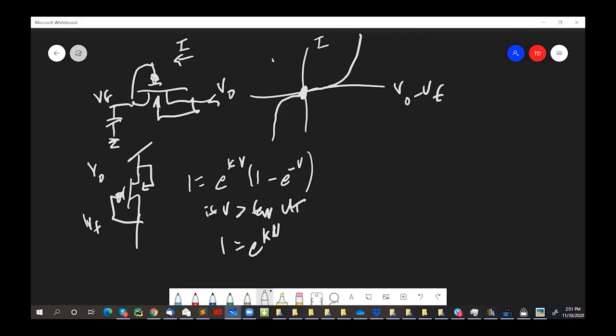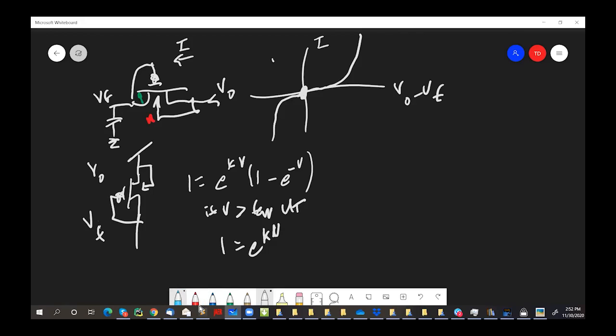So that's when VO is bigger than VF. But now when VF is bigger than VO, you can't draw a transistor anymore. Instead, you think about the fact that this is a P to N junction here. Yeah, that's right. It's a P to N because this is N well. You actually have that junction there.